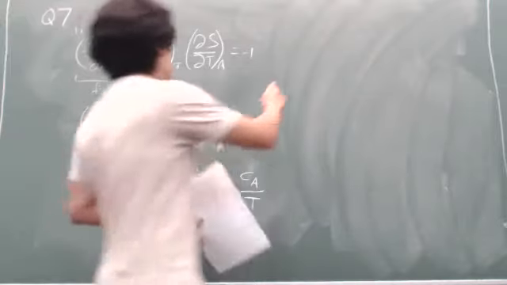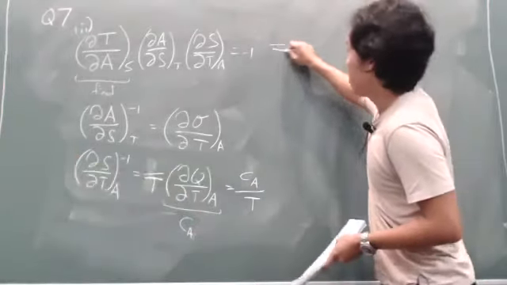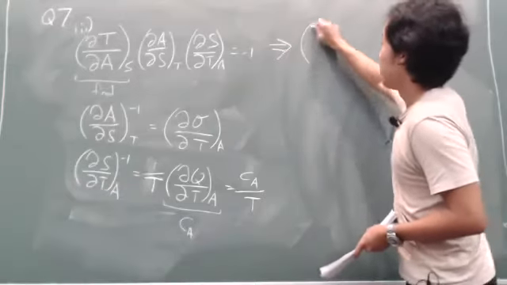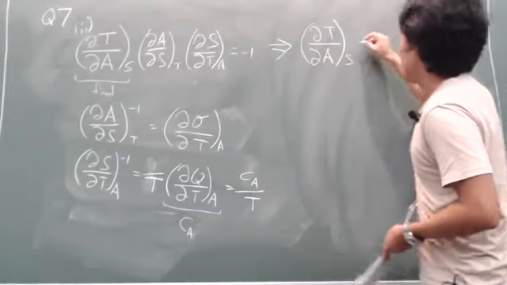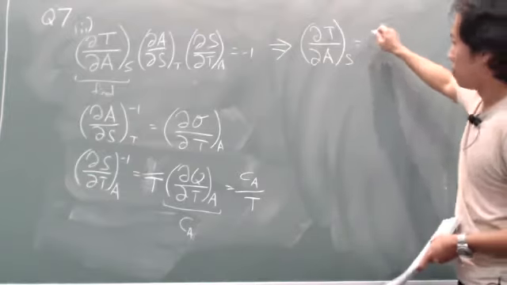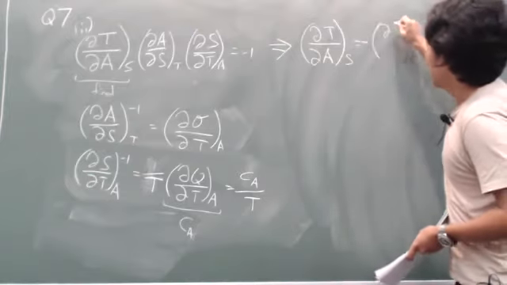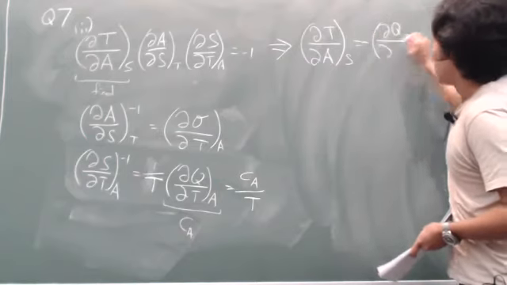Okay, so now we can invert this equation and say dT dA at constant entropy is equal to dq minus, dq, not dq, that's a sigma.